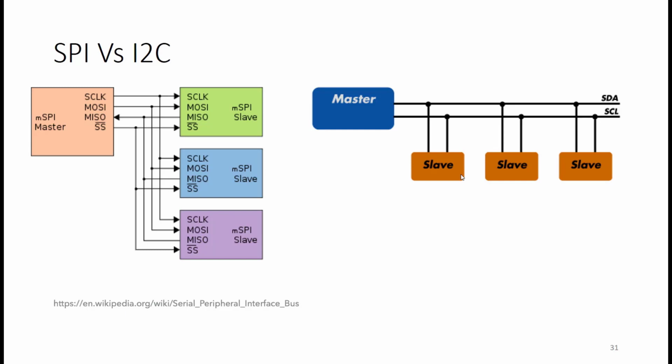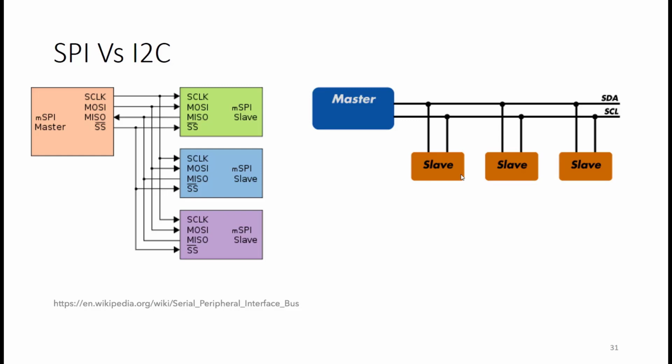As we discussed, you can see here that in SPI there is one master and three slaves. Same in I2C, there is one master and three slaves. But in I2C, there are just two lines for all slaves, and in SPI, for each slave, you have a separate data line.